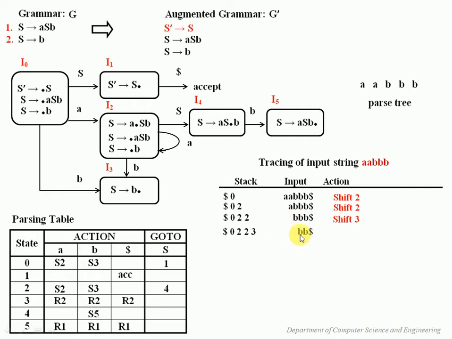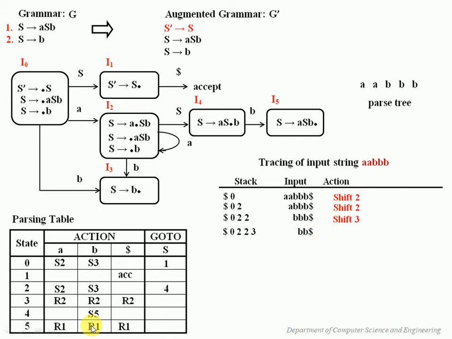When you are doing a reduction operation, it means you have already seen the sequence of terminals which could be reduced using a particular production. So here you have already seen B, so this B will be reduced to the left hand side non-terminal. So that is what is going to happen here.